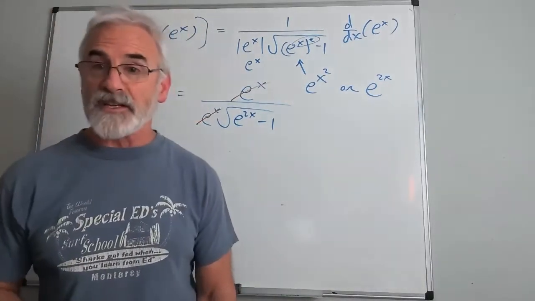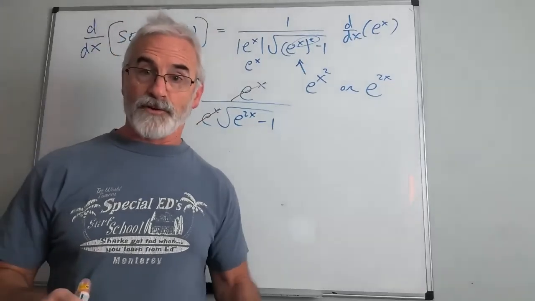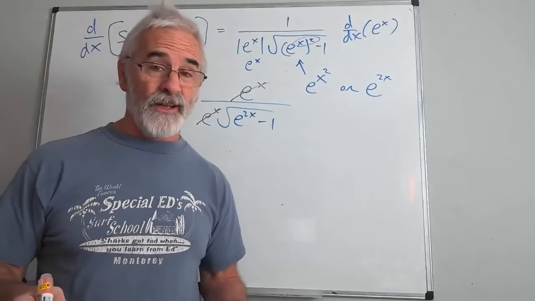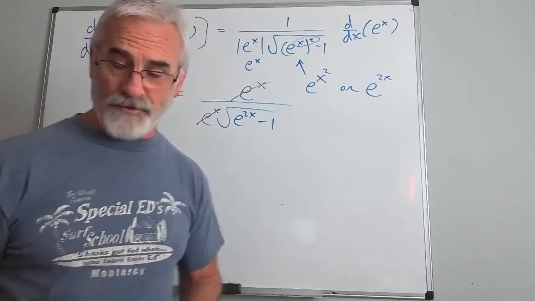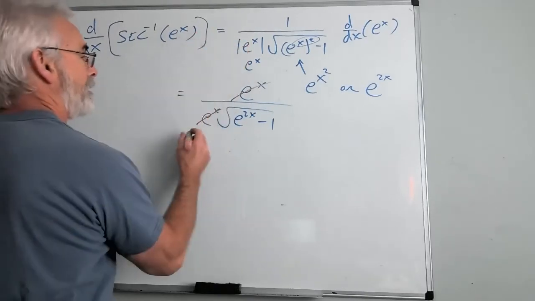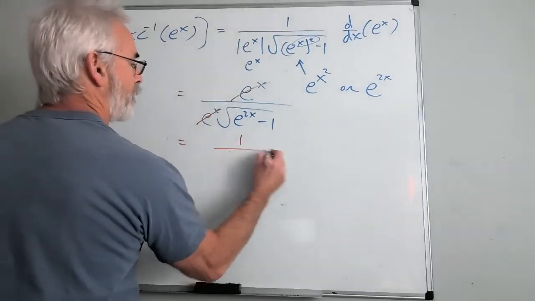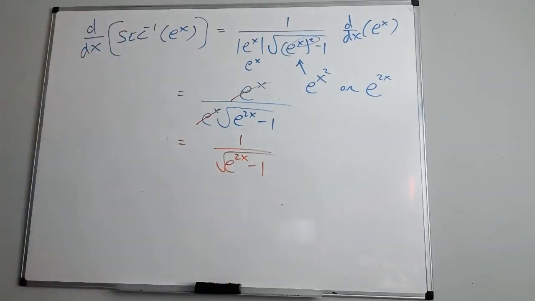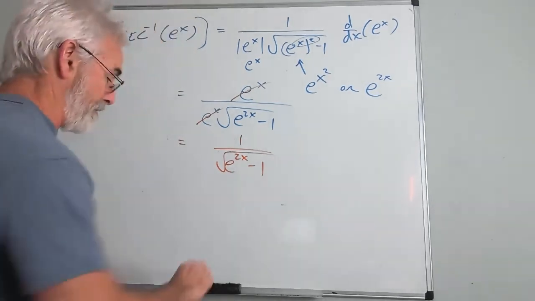Turns out inverse secant is the only one of the inverse trig functions that you may be able to actually cancel. And it turns out you can cancel quite often because of the guy sitting on the outside here. So my final answer is just 1 over the square root of e to the 2x minus 1. That's it. That's my final one. So it is really common in the inverse secant that you can actually simplify.